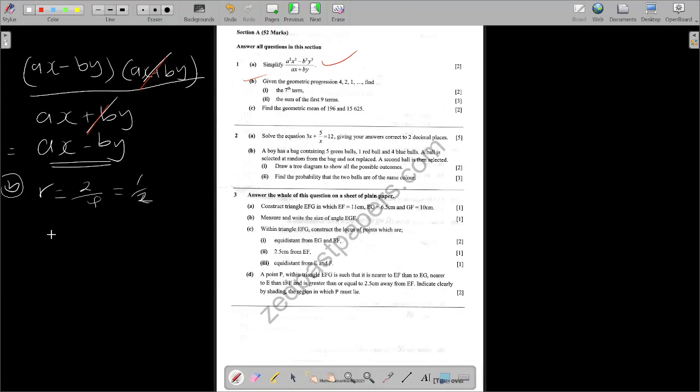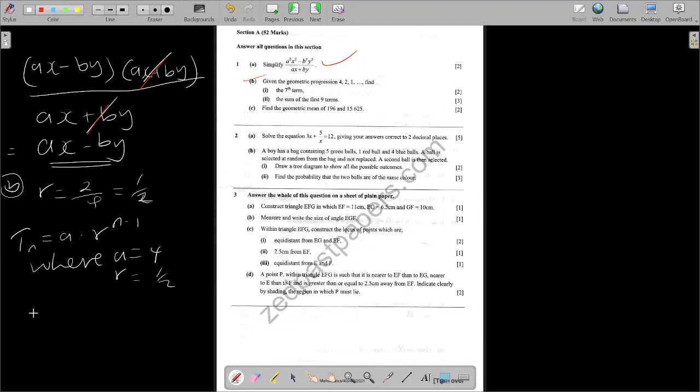So now we can find the seventh term. The formula for the nth term of the geometric progression is: nth term is equal to the first term multiplied by r to the power n minus 1. Where a is equal to 4 and r is equal to 1 over 2.